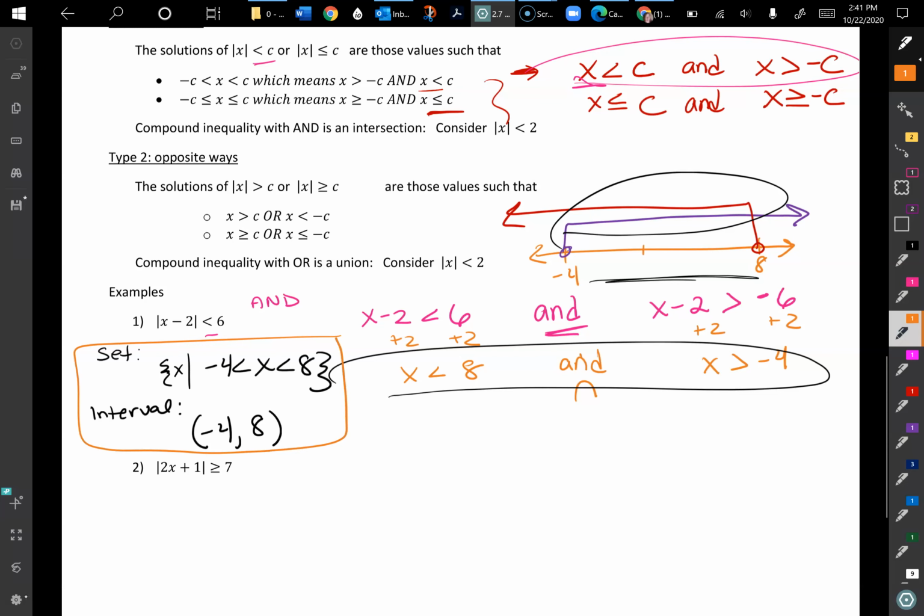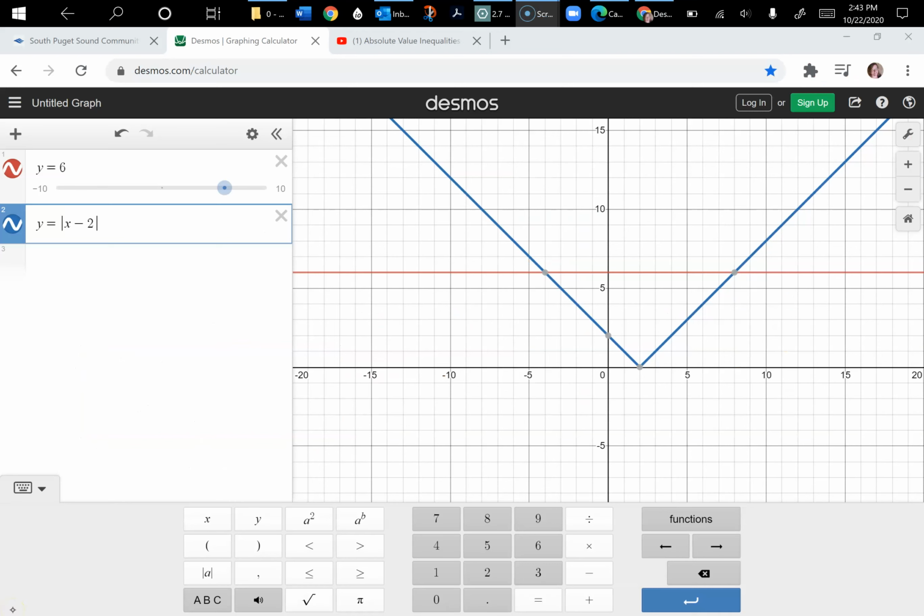Okay, so that is how I would write my answer. Now, to graph it in Desmos, I'm going to flip over to that page to just show you how that would be set up and how we interpret that. So here's my graph. I plugged in y equals 6. That's the horizontal line going across where y is 6. And then I have my absolute value of x minus 2 plotted here.